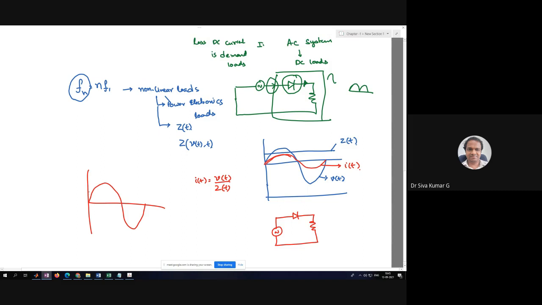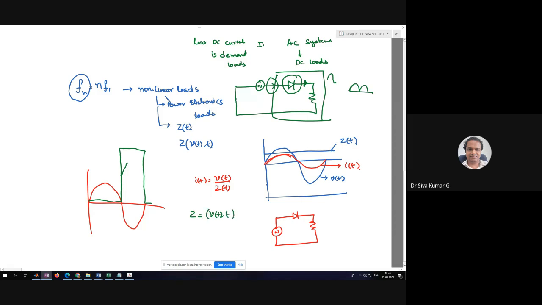Z of t offers very low impedance during the positive cycle, and during the negative cycle it offers high impedance. Here the impedance is a function of the applied voltage with respect to time.